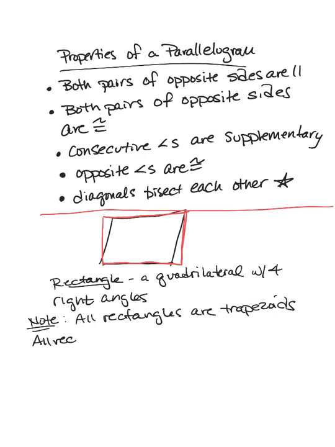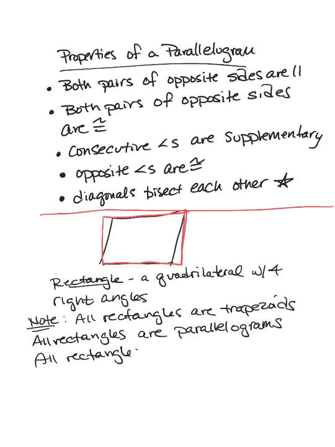All rectangles are parallelograms. All rectangles are isosceles trapezoids. Now, what's interesting about this statement is that not all parallelograms are isosceles trapezoids. So that's kind of interesting.